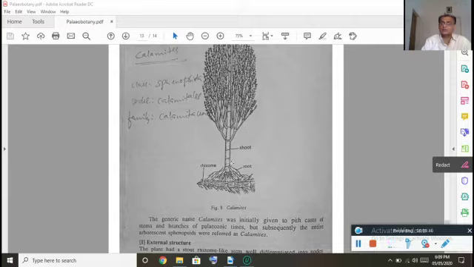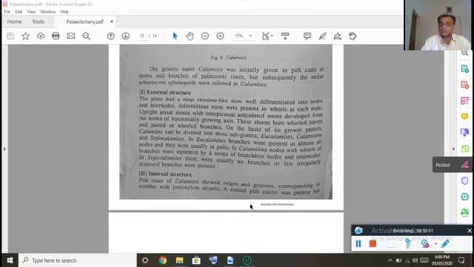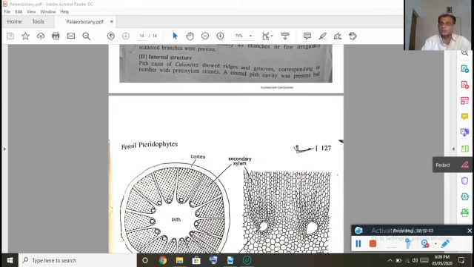The stem gives a kind of jointed appearance. So several branches are seen from that aerial branches. Roots are present particularly from the nodal region of the rhizome. And even from the aerial axis also, from the lower nodes, the roots are produced. And these roots provide additional support to the plant.